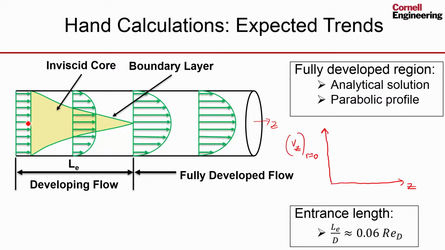It has to start off at whatever value you specify, in our case 1, and it has to increase and then go to a constant. So I expect it to increase, and then in the fully developed region it'll go to a constant. That's a trend I expect for the centerline velocity, and we can check this trend against what we see in our numerical solution.